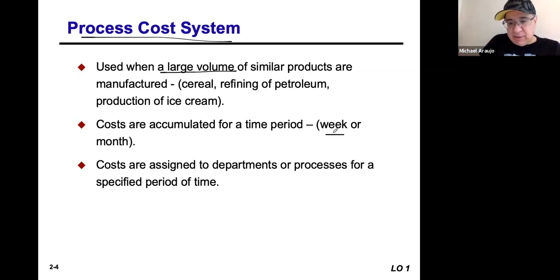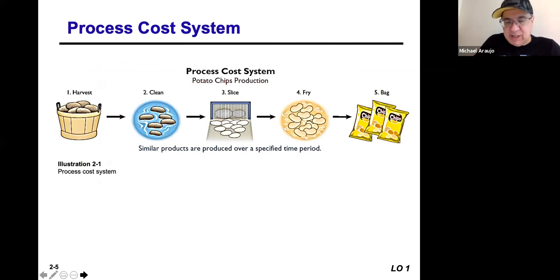They're done on a time period, so like a periodic system, every week or every month they're calculating costs in a process cost system. Again, this is something that is still used today in many companies that manufacture large volumes of products that are the same, like cereal. It's not the focus of this particular chapter, but it's introduced because it is a system that's used.